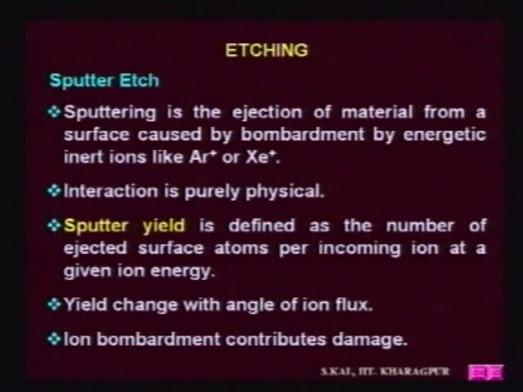One parameter which is often considered in a sputter etch process is the sputter yield. Sputter yield is defined as the number of ejected surface atoms per incoming ion at a given ion energy.